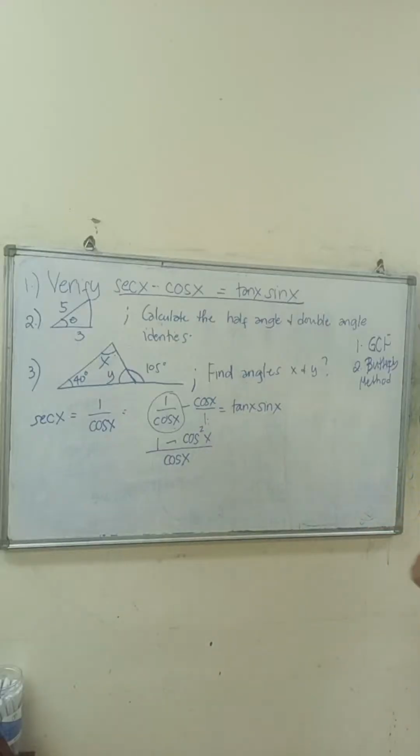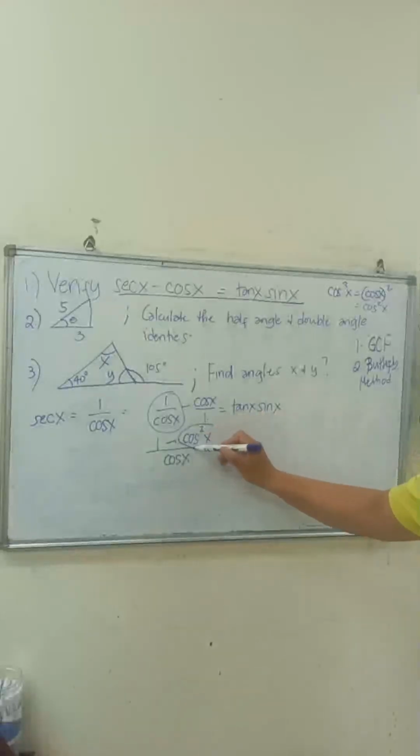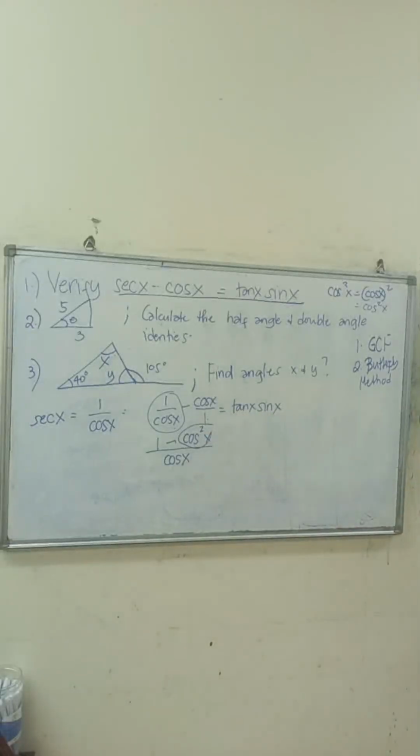squared x. I need to explain this. When you say cosine squared x, this is actually the cosine of x raised to the power 2. It's cosine squared x, not cosine x squared, because you are not squaring the variable x.